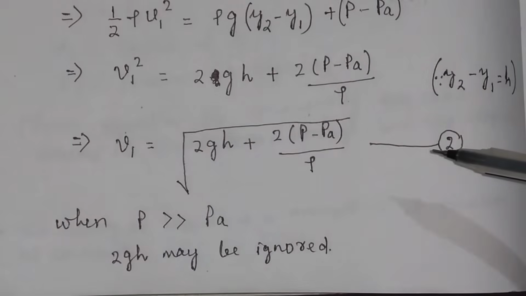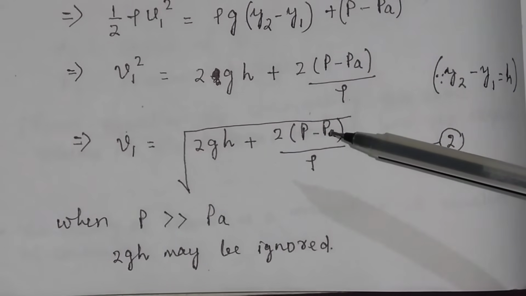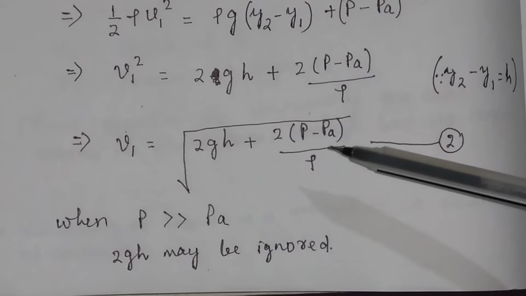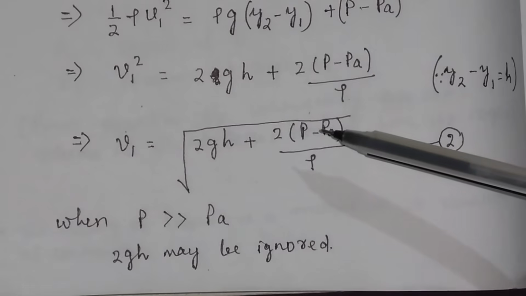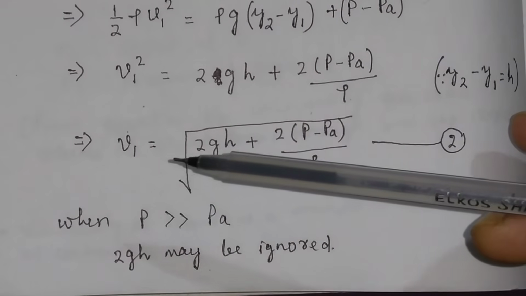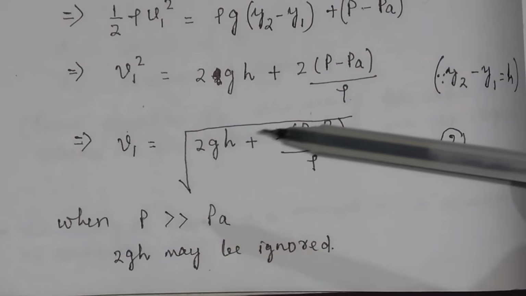So now look at this equation 2. If P equals PA, that means P equals the atmospheric pressure, this term will be equal to 0. If this term is equal to 0, then V1 will be equal to the square root of 2gh.